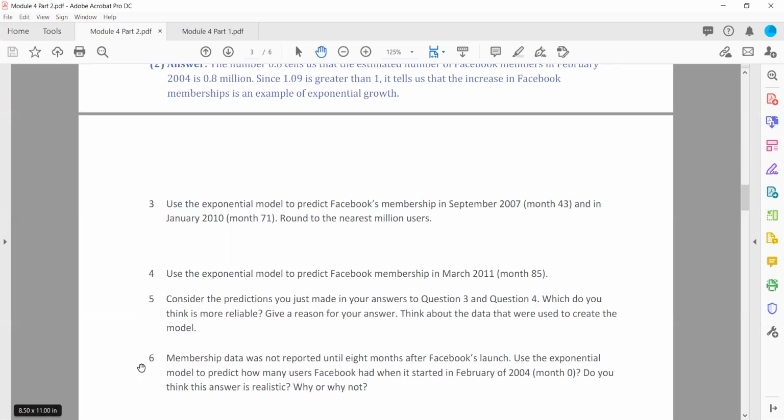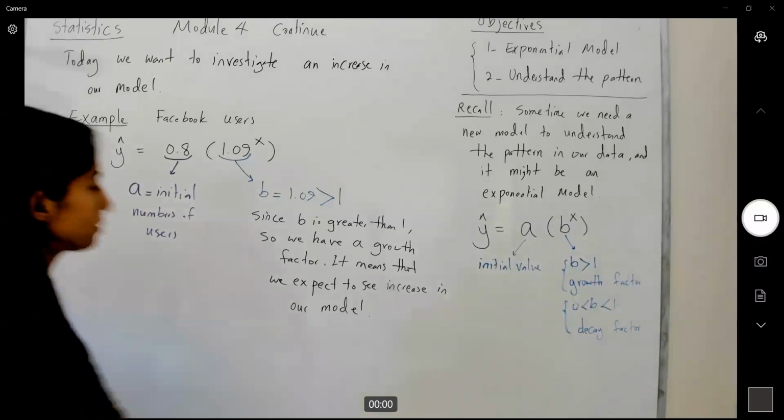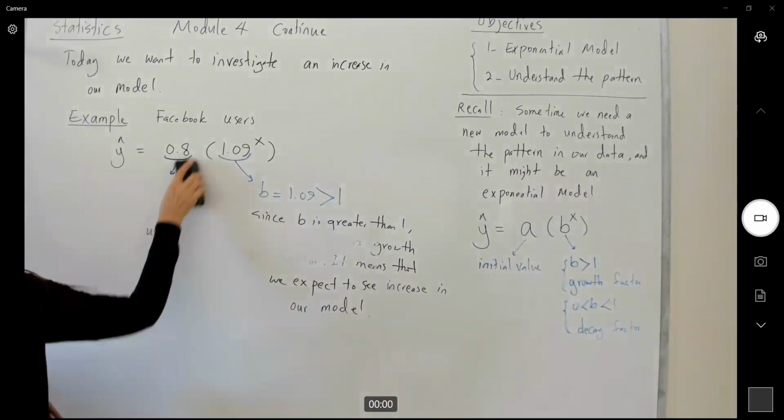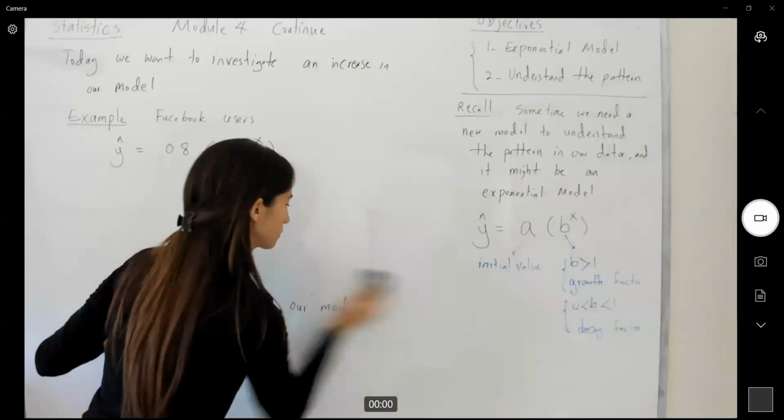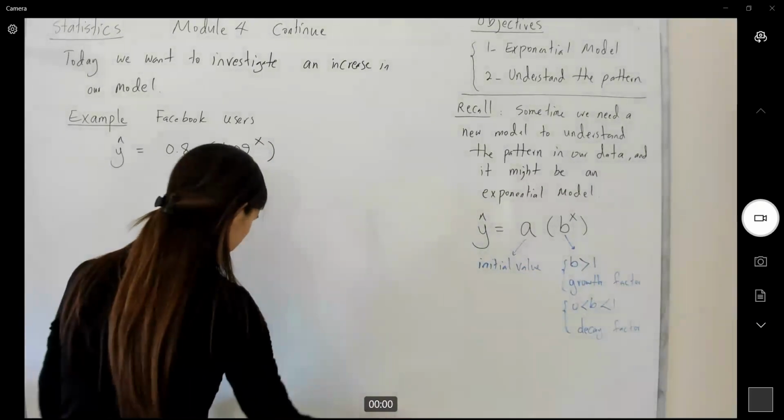And 6, membership data was not reported until 8 months after Facebook's launch. Use the exponential model to predict how many users Facebook had when it started in February 2004, which is 0 months. Do you think this answer is realistic? Why or why not? For question 3, let me clear some part of the board for you. Of course, you have to use your calculator.